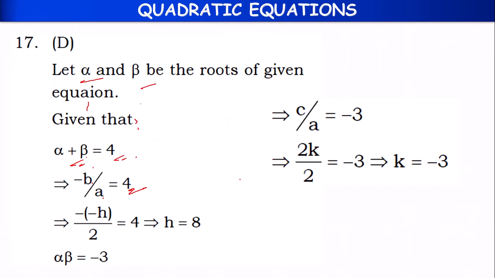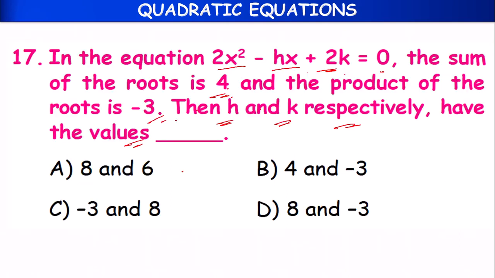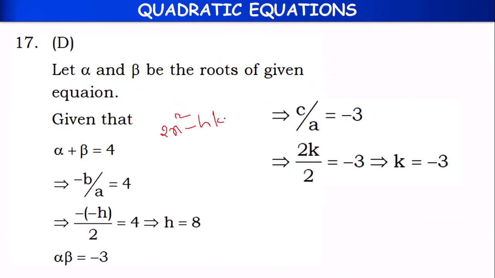The given equation is 2x square minus hx plus 2k equal to 0.